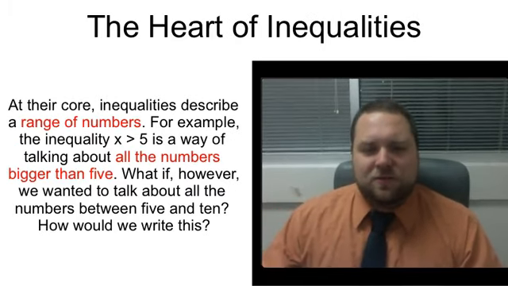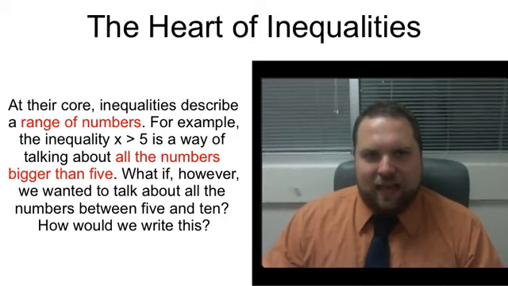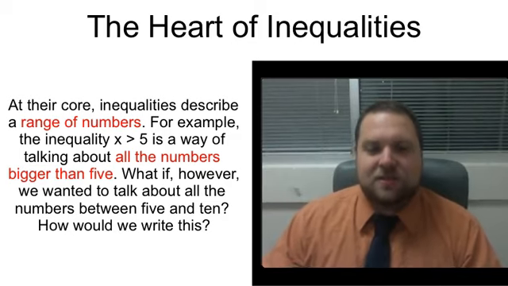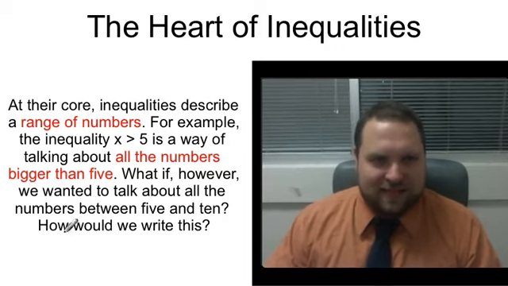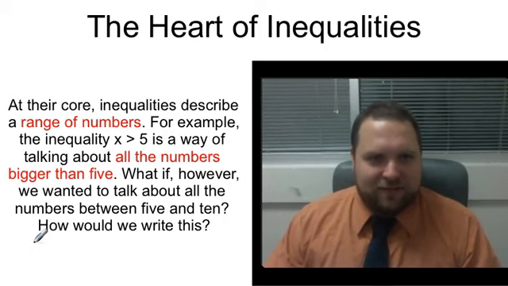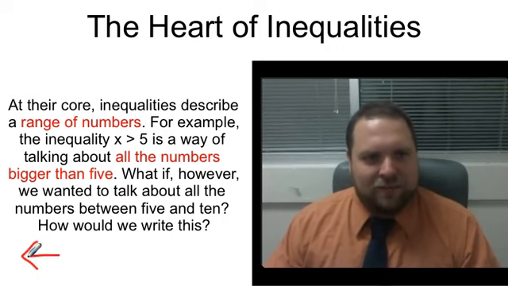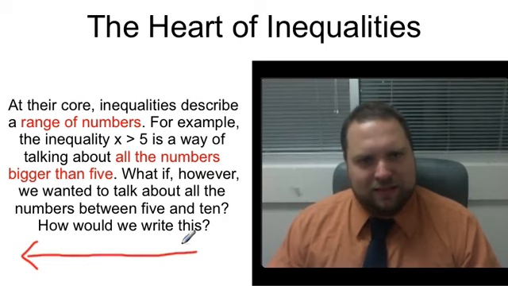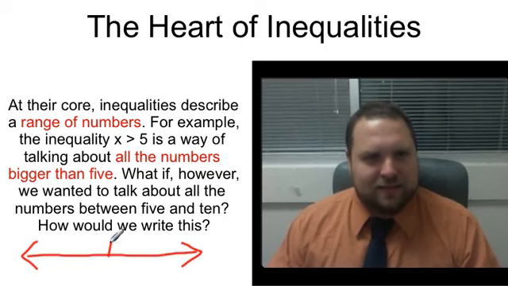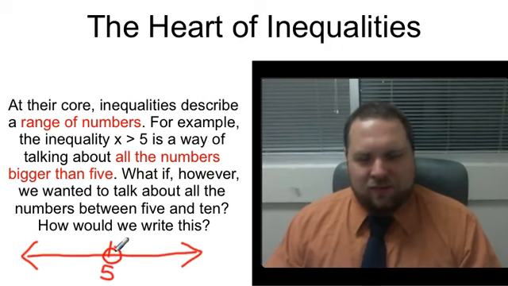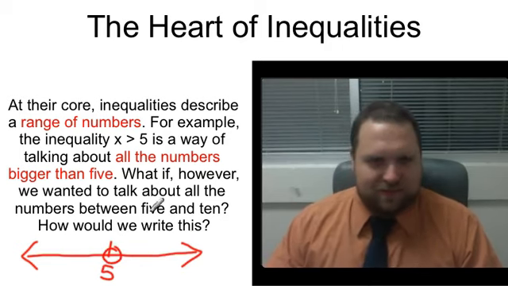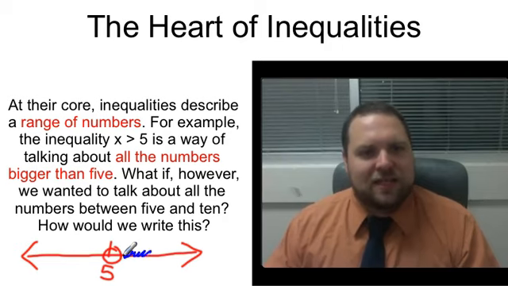So in order to really get this, we need to take a look at what an inequality is. An inequality, every time, just describes a range of numbers. For example, if we take x is greater than 5 and put this on a number line, I'll put a 5 in the middle. I shade in all the solutions.